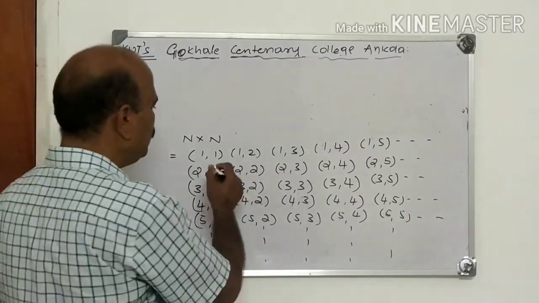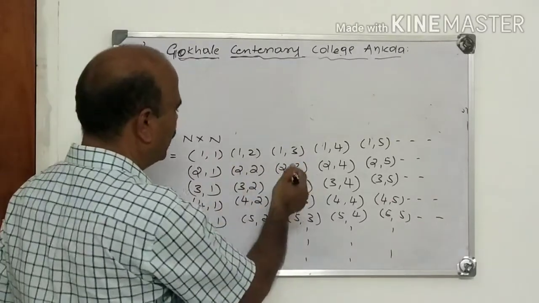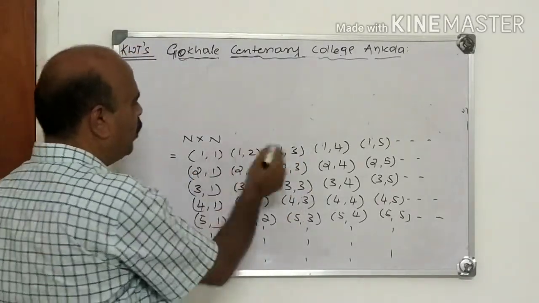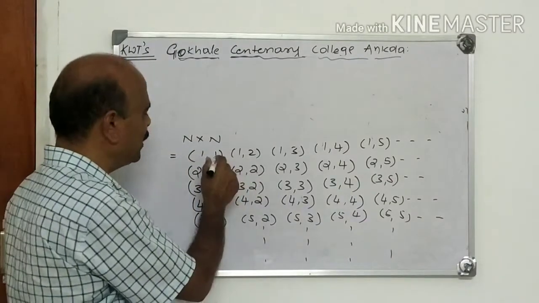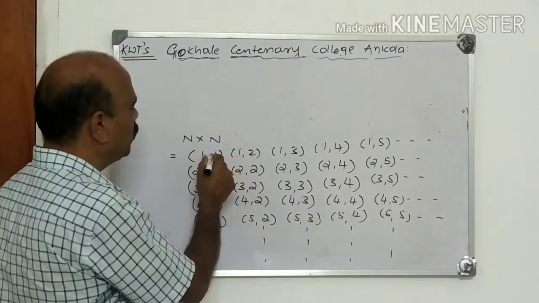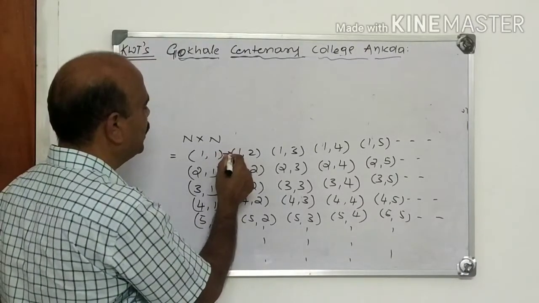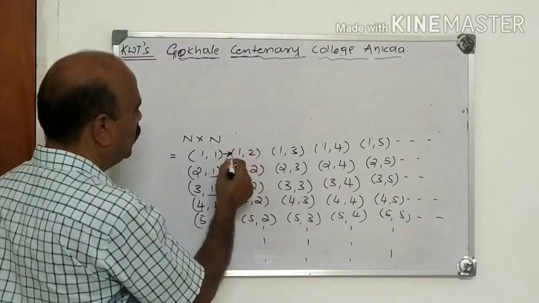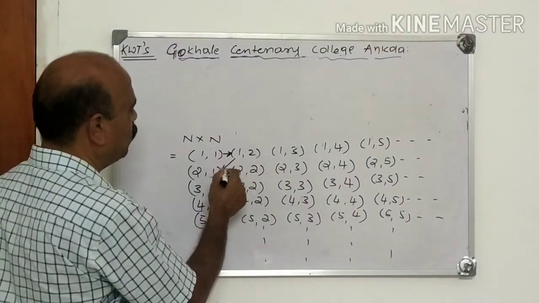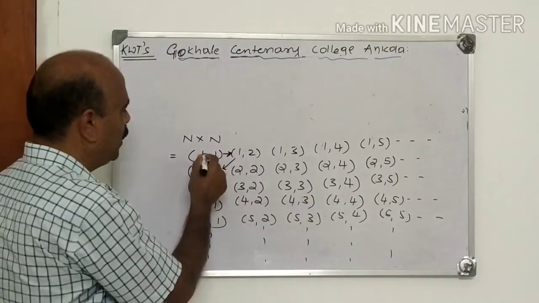For that, say I consider this one. Sum of the coordinates. 1 is the first coordinate, 1 is the second coordinate. Here the sum of the coordinates is 2, for (1,1). First I write this one. Next I take sum of the coordinates 3. Next I go to (1,2). What is one more element having sum 3? (1,2), (2,1). Say (1,1).